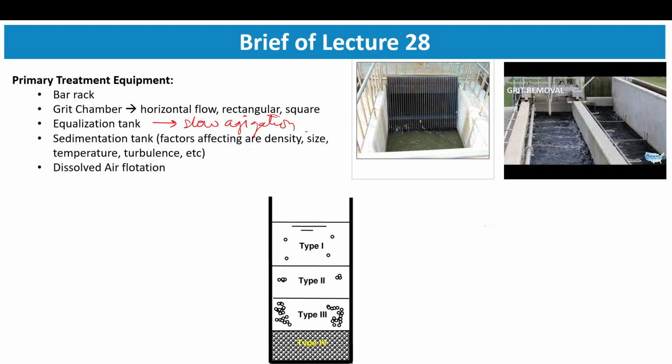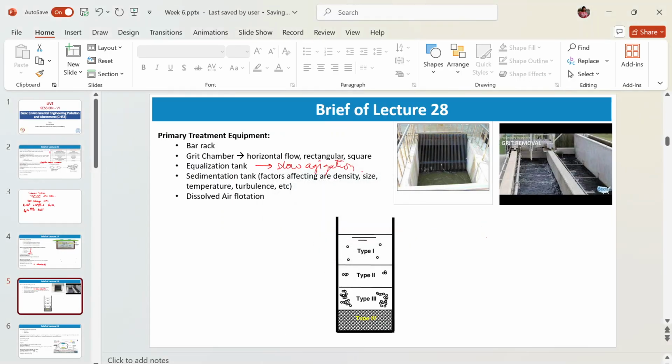Once its concentration and load are uniform, it comes out of the equalization tank at a particular flow rate and goes further, so there is no sudden shock on any instrument, right? Is it clear till now?